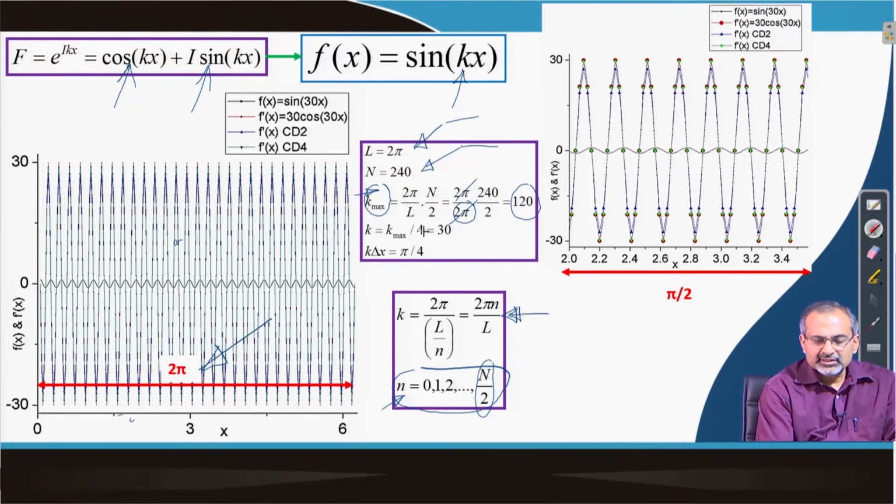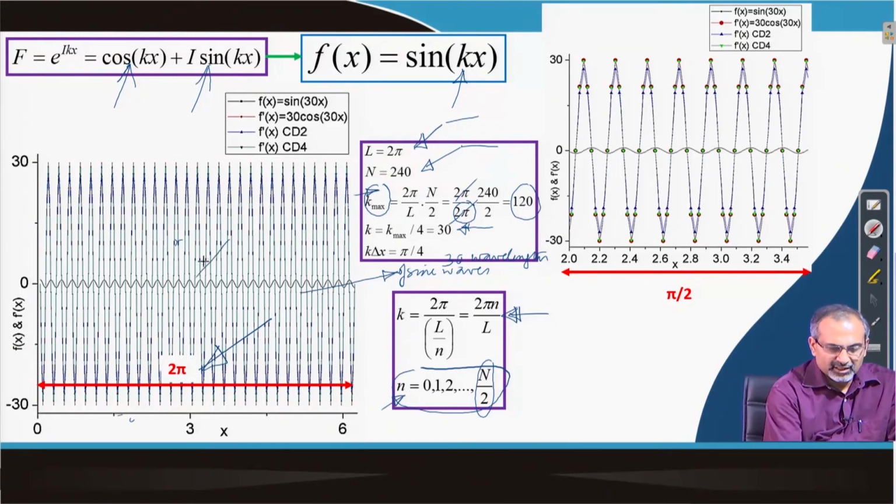So, when we choose k of k max by 4, that gives us a k of 30, which basically means that you will have 30 sine waves, 30 wavelengths of sine waves accommodated within the 2 pi domain, which is shown in this figure on the left.